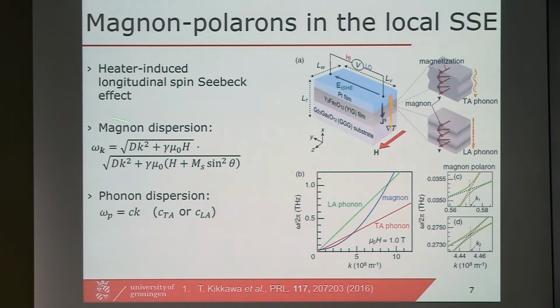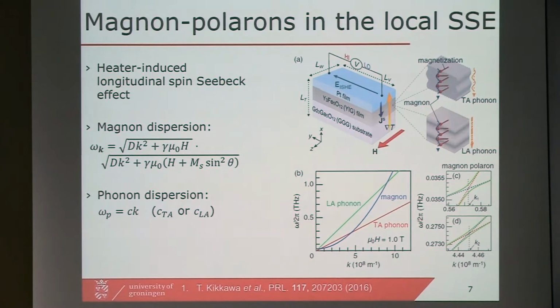dispersions for magnons and phonons in the system, you get a picture like this, where you have the quadratic dispersion of the magnons, and you have 2 linear phonon branches. So one is the transverse acoustic phonon branch and the longitudinal acoustic phonon branch.